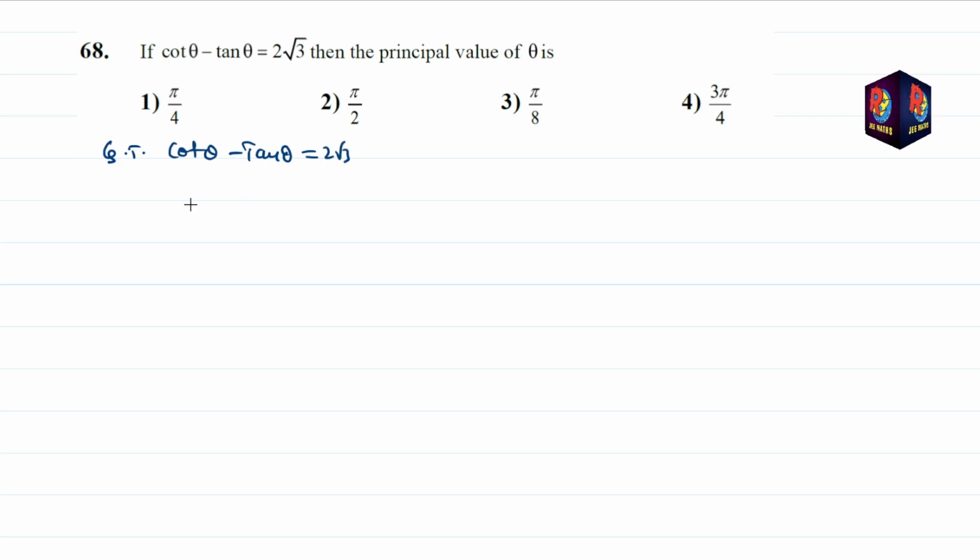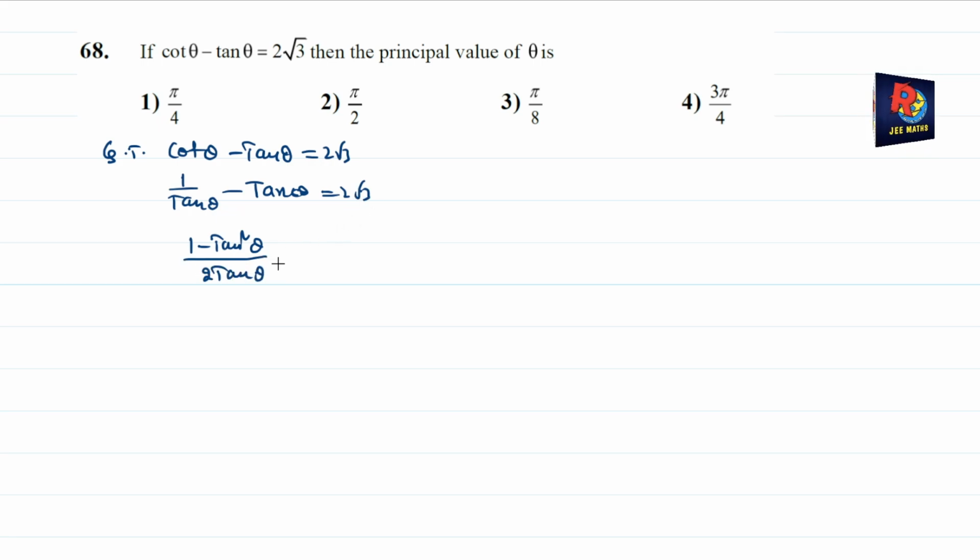If I take cot theta as 1 by tan theta, 1 by tan theta minus tan theta equals 2 root 3. Now we can observe this: 1 minus tan square theta by tan theta equals 2 root 3. If I take 2 this side, 1 minus tan square theta by 2 tan theta equals root 3.